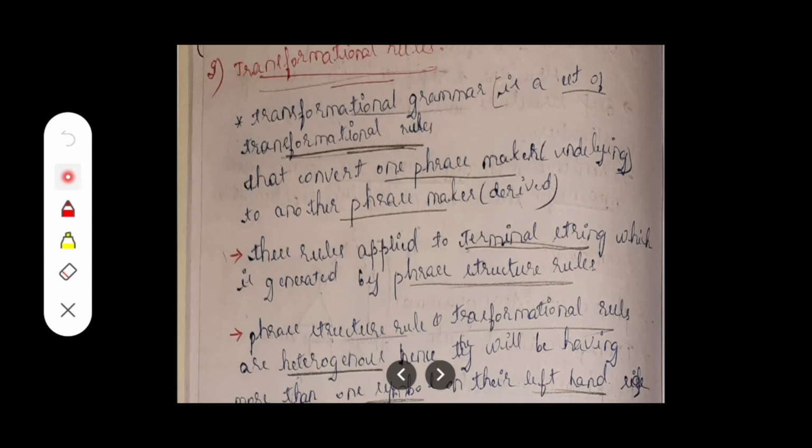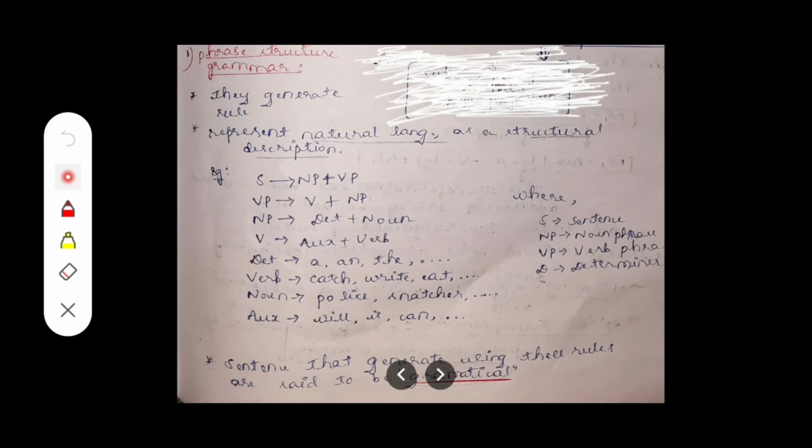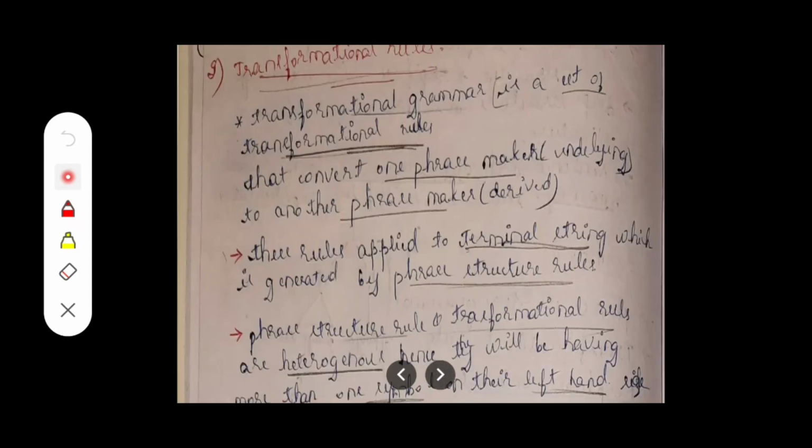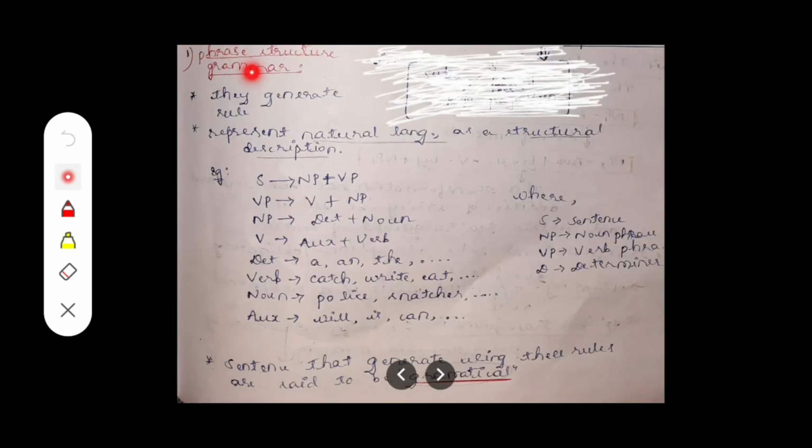These transformational rules are applied to the terminal string which is generated by the phrase structure rules. The final output of the phrase structure grammar is grammatical, because we are applying these rules to the sentence. The transformational rules are applied to the output of the phrase structure grammar.